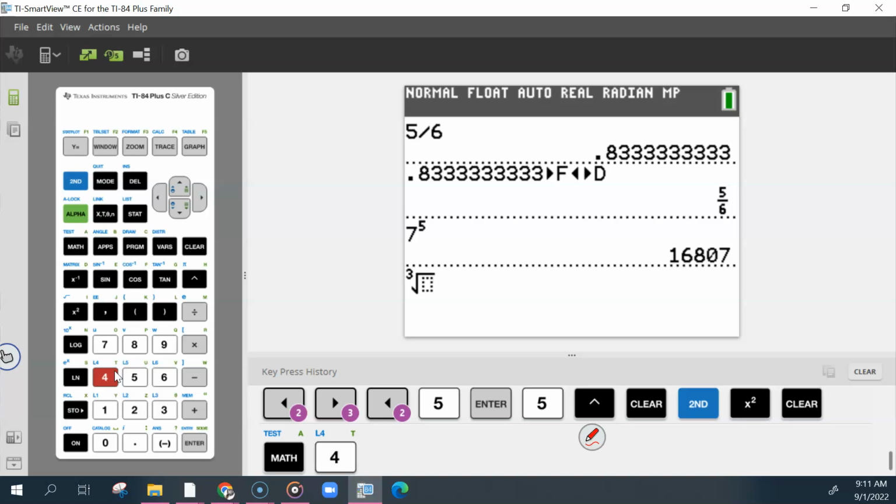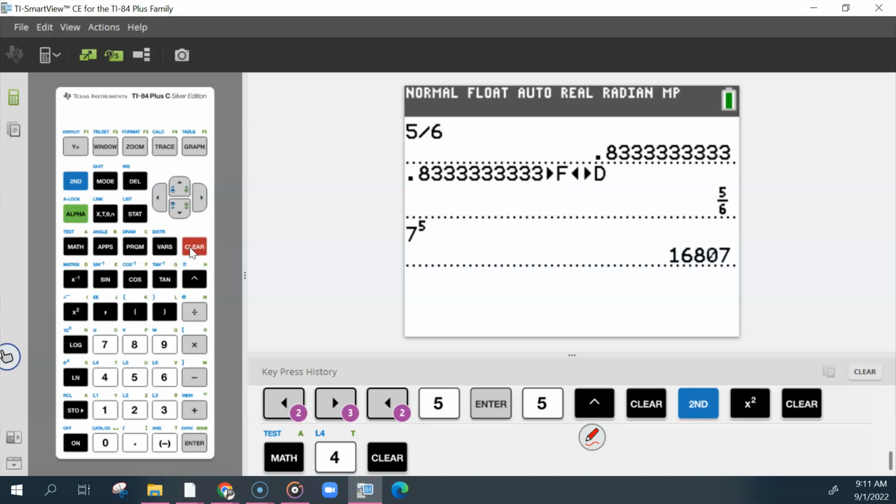One other thing that might be important is storing variables. Let's say we wanted to simplify or solve something and check to see if our answer is correct. Let's say I know 2x minus 6 equals whatever, and I want x to be 3.